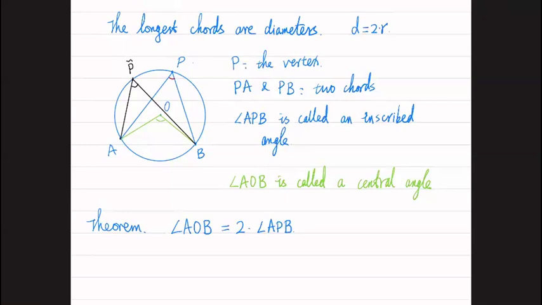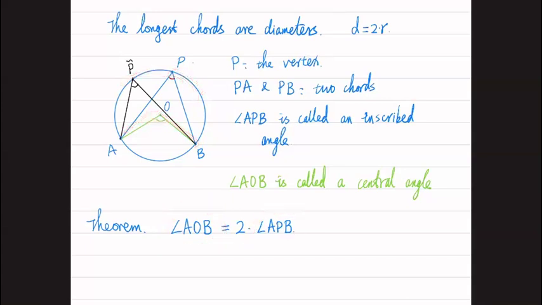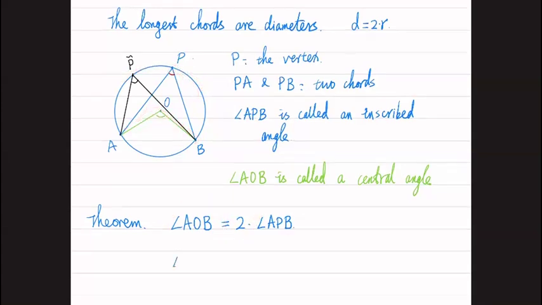See, when P slides on the circle, this angle stays the same. And this is always half of the central angle. Angle APB is half angle AOB.